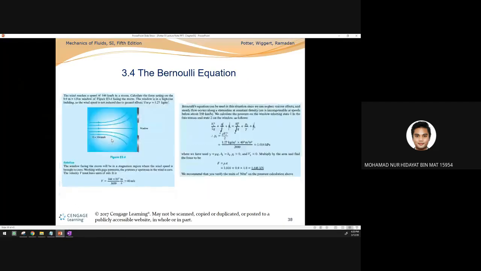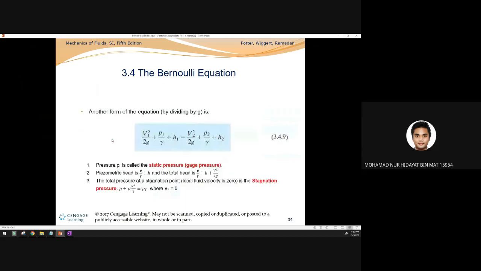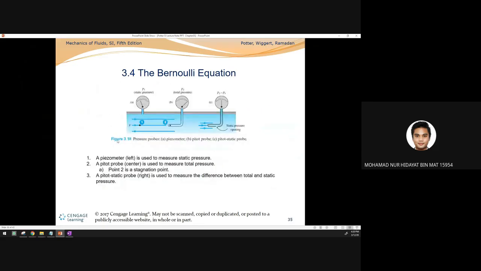Remember that we have learned previously: number 1 measures the static pressure, we call it a piezometer. And the total pressure we measure using the pitot probe meter.